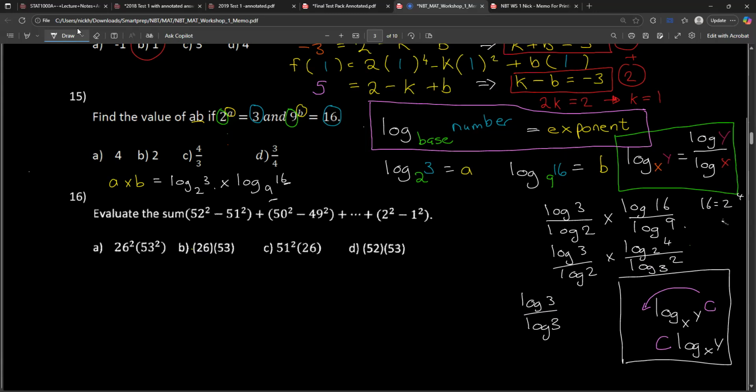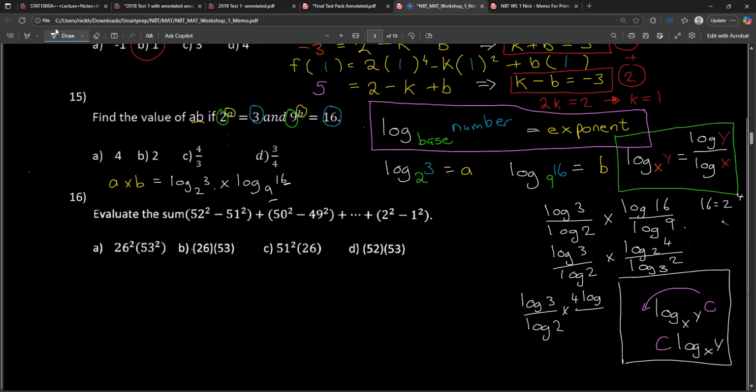And so we end up getting log 3 over log 2. And this rule where you can bring the exponent to the front then becomes, oops, that's supposed to be log 2 there. Oops, my computer's struggling. There it is.